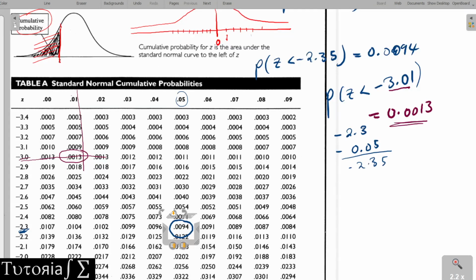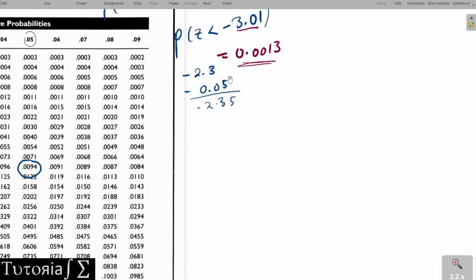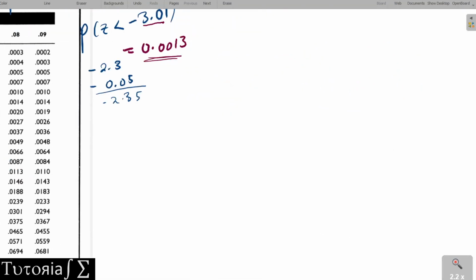Now, what if you are asked to find, so I'm going to put these questions up as a task, the probability of z greater than, let's say negative, since we're on the negative part of the table, negative 2.3. Remember what we said.